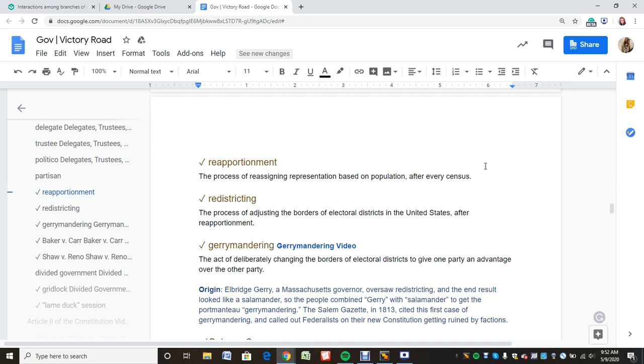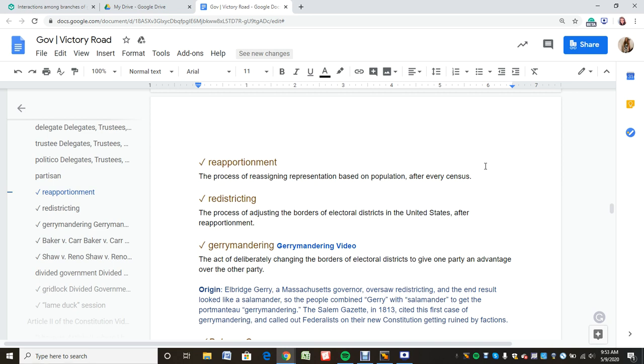There's no current way for the Supreme Court to regulate gerrymandering at all. There have been cases where it's been established that there's nothing really that says otherwise. So that's something that's still being figured out. A lot of people recognize it as wrong, but currently people get away with it.